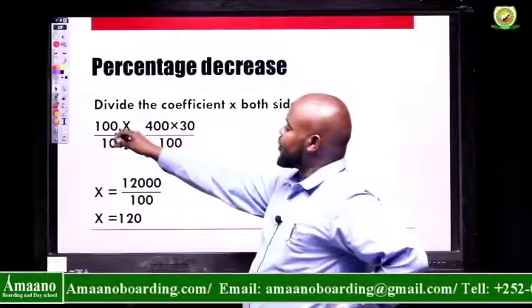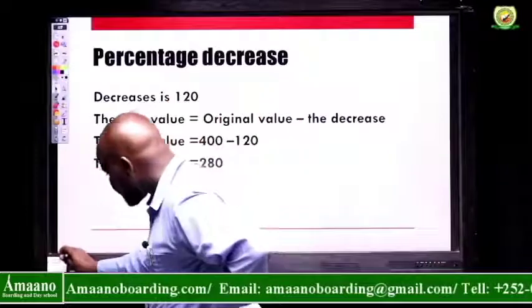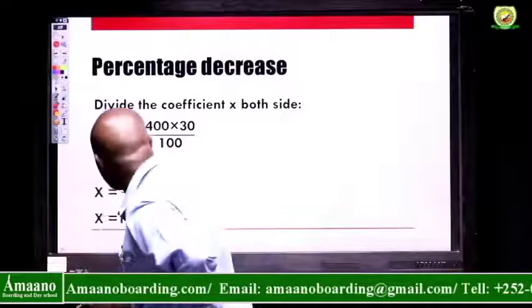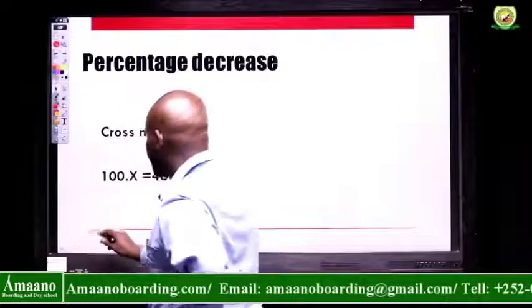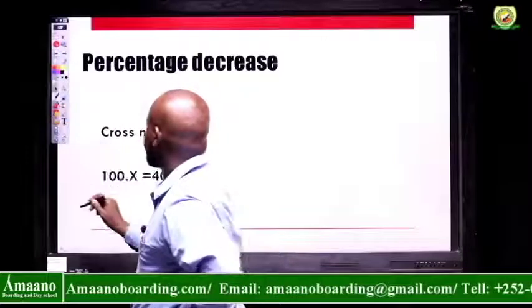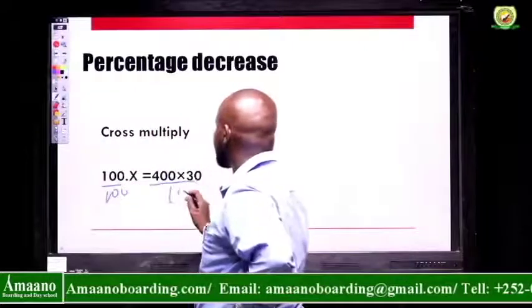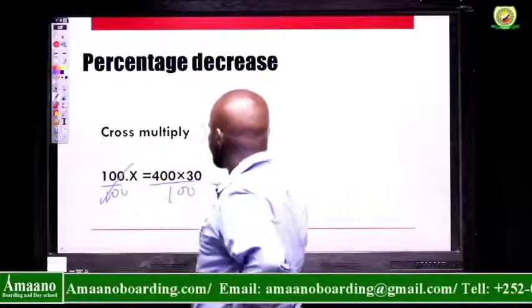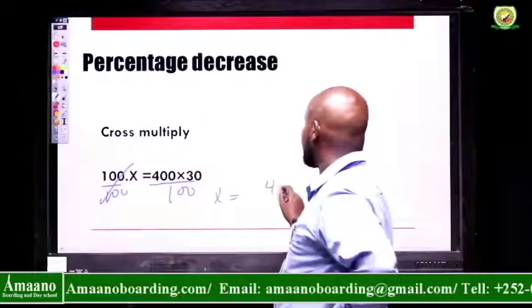So we divide by the coefficient of x on both sides. We divide by 100 on both sides.